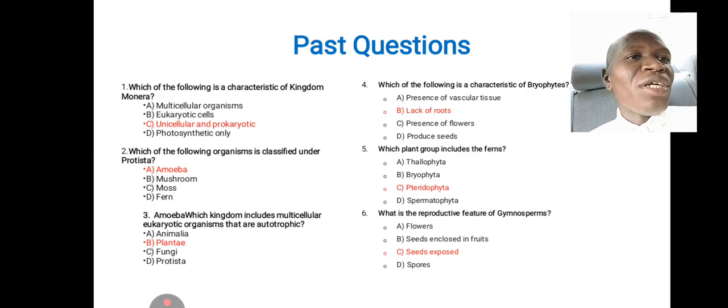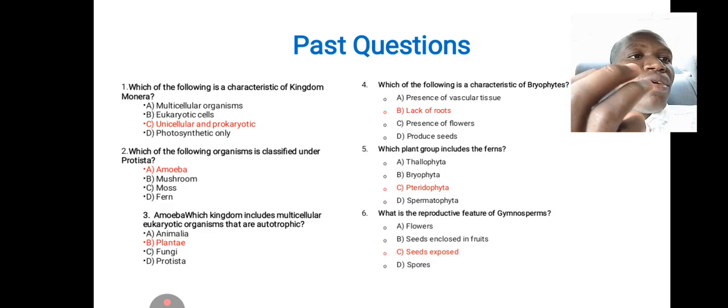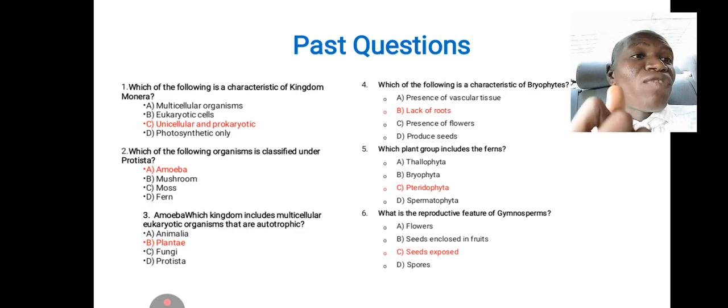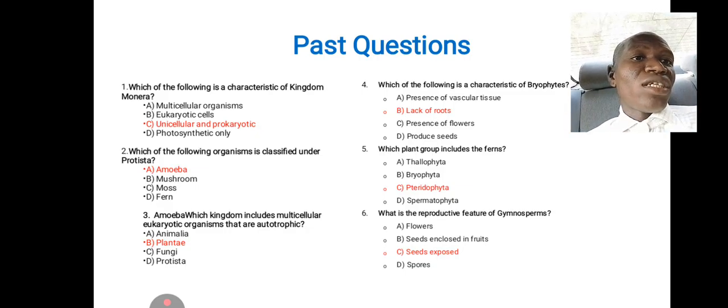So we have them in ascending order. Which one is the first one? Thallophytes, bryophytes, pteridophytes, and spermatophytes. These are the 4. It's in ascending order from the smallest to the biggest. So the first 2 don't even have roots. Please note that.